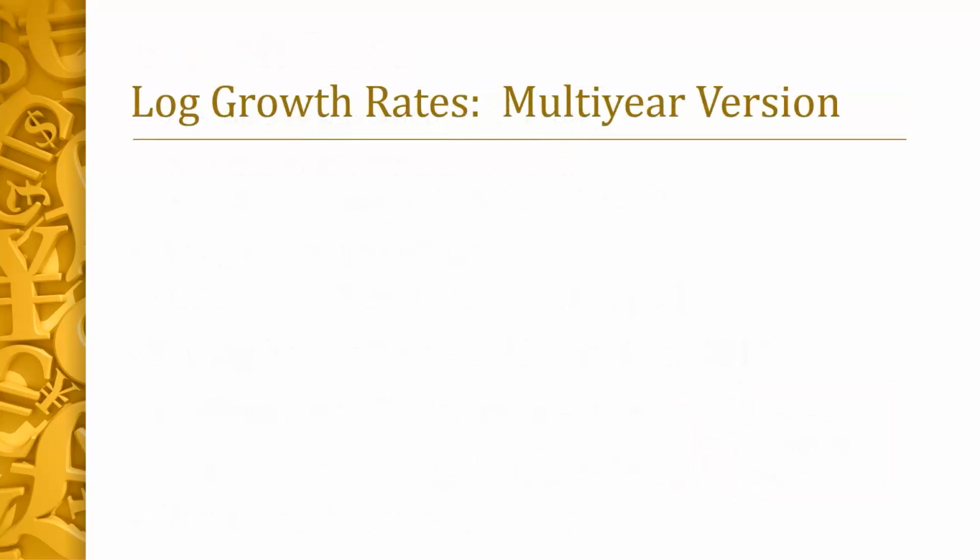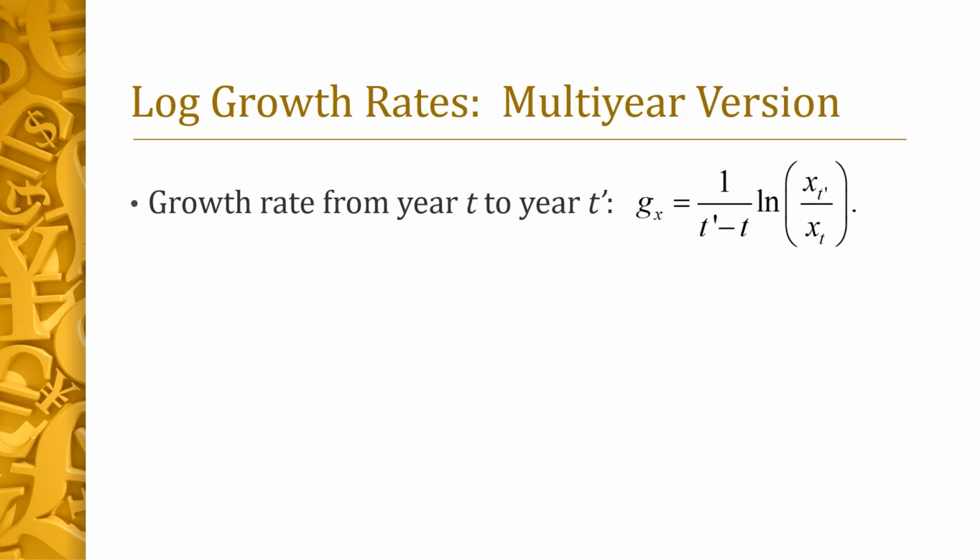In growth accounting, we will usually work with the average log growth rate over some multi-year period. This has a simple formula. To compute the log growth rate of a variable x from year t to a later year t prime, we first take the log of the gross percentage increase in x from year t to year t prime. We then divide this logarithm by the number of years in the period, by t prime minus t.